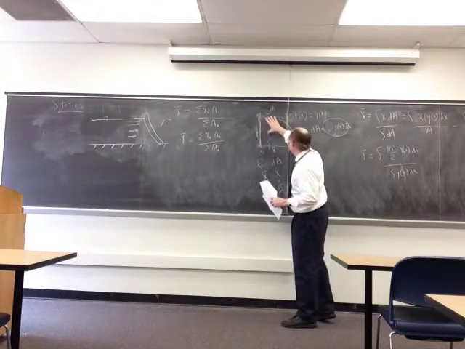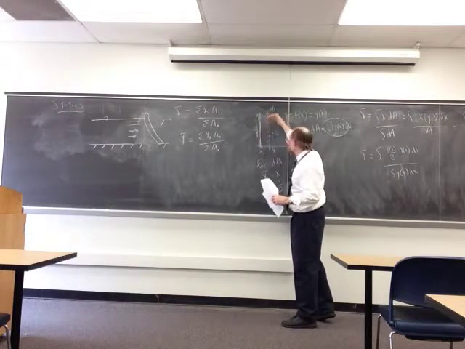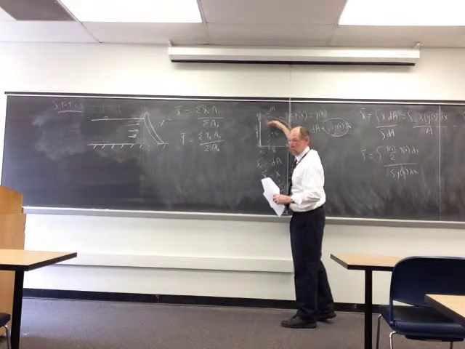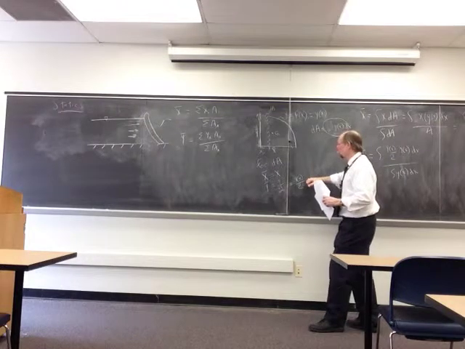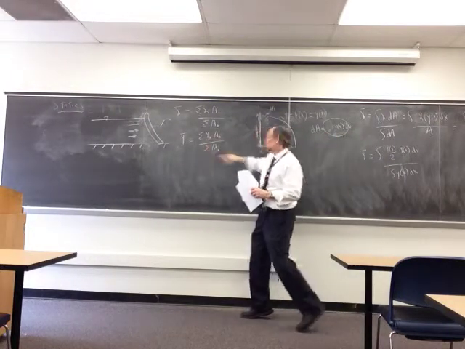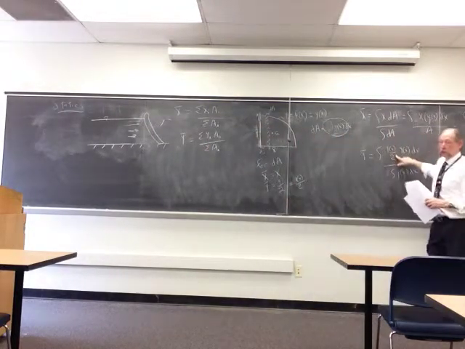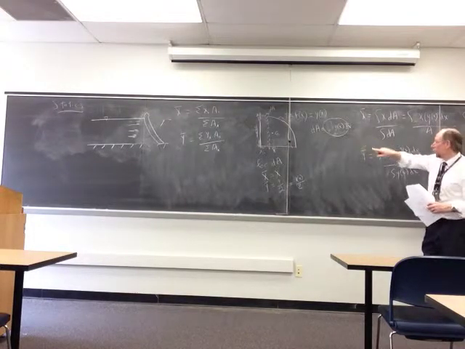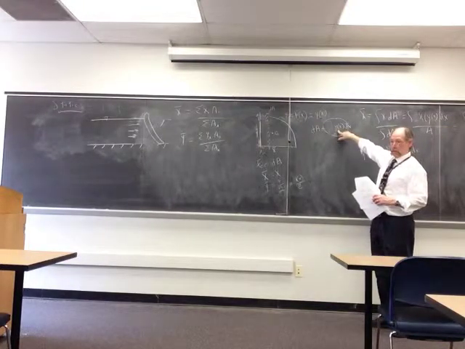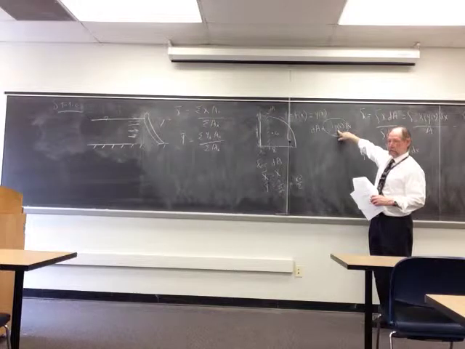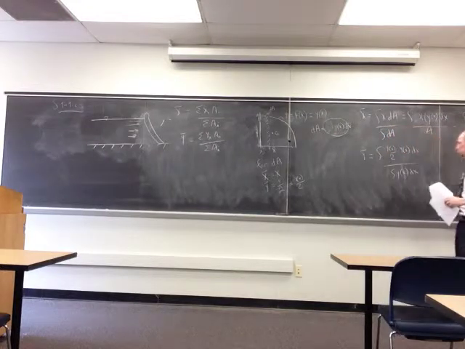The centroid of a differential area is 1/2 of its height. So that's y of x over 2. So y of x over 2 is the yi component, and ai is y of x dx from here. Okay. All right.